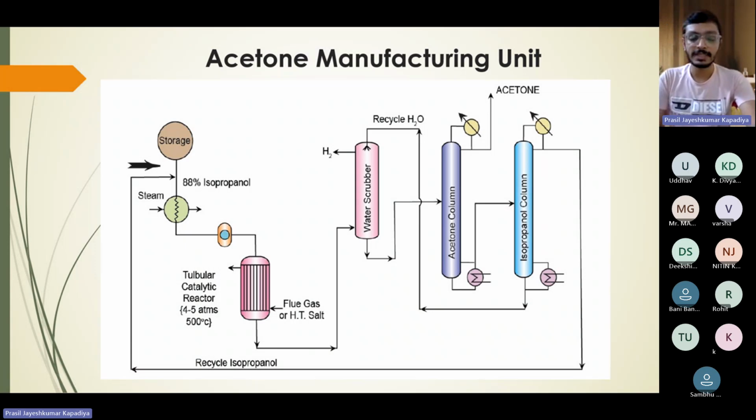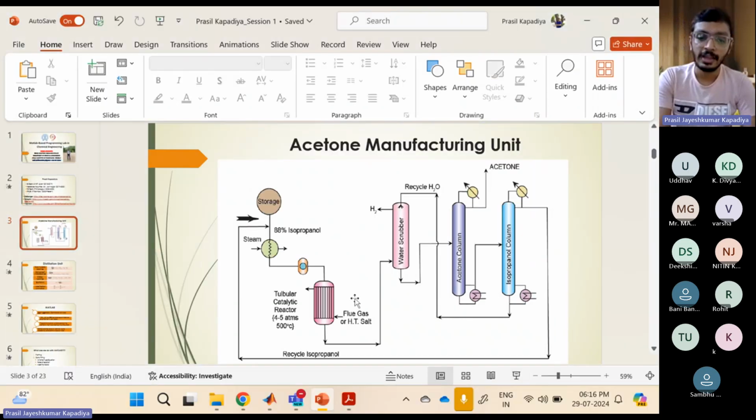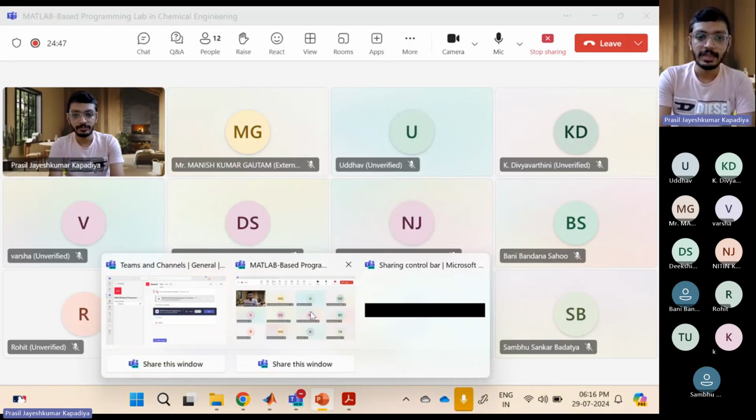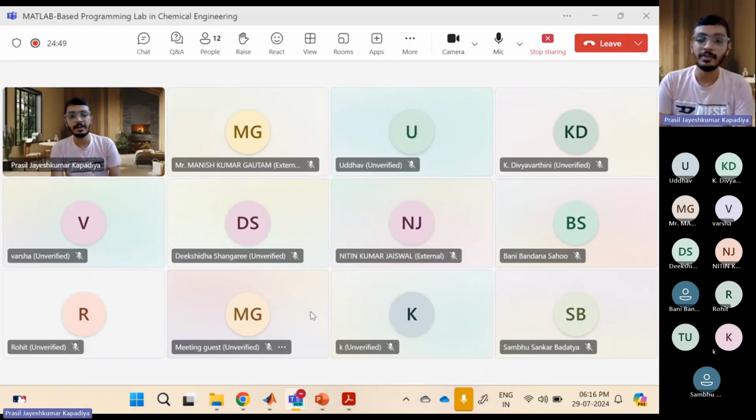Let's say I pass my isopropanol first to the compressor and then the heat exchanger. Is it possible to do it in reverse manner instead of heat exchanger then compressor? Can I do it?